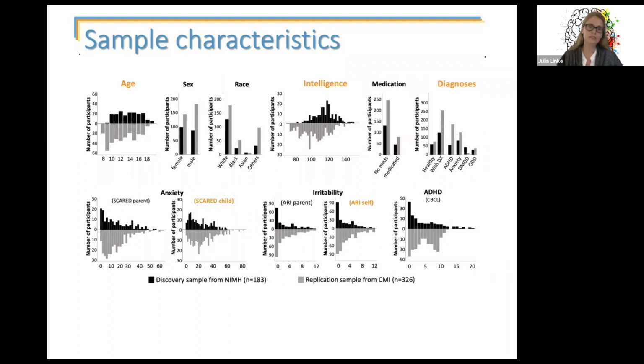However, the discovery sample was slightly older, had higher scores of IQ and a higher proportion of individuals that did not meet criteria for a diagnosis, as well as individuals that met criteria for disruptive mood dysregulation disorder. Plus, there were relatively fewer cases of ADHD in that sample. And youths in the discovery sample reported less symptoms of anxiety and irritability compared to the replication data set.